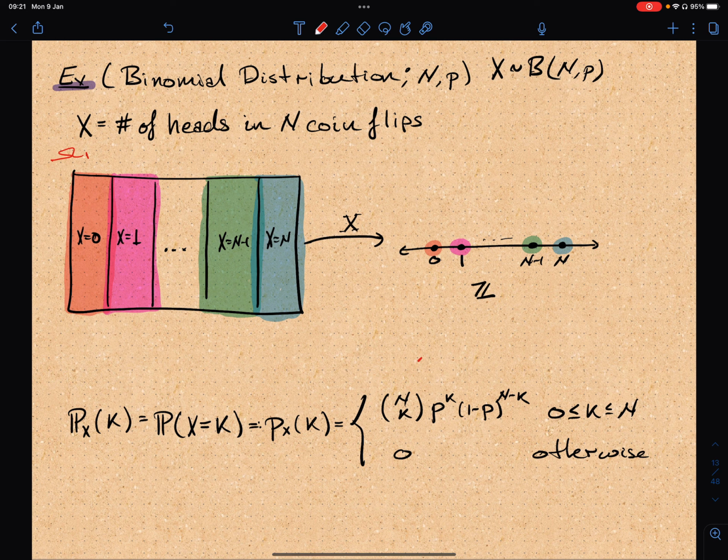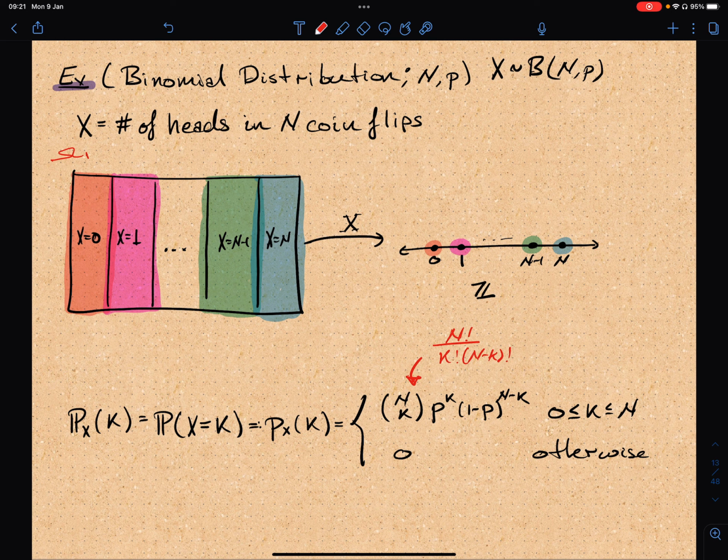And here, this is a combinatorial term, n choose k, which is equal to n factorial over k factorial times n minus k factorial. I assume that you're familiar with this formula, which you've seen in other contexts before, and that you've seen the argument that if you have n coin flips, then this is going to be the appropriate probability function.